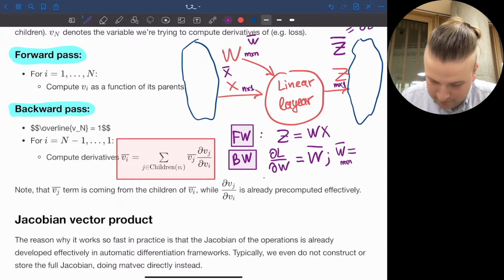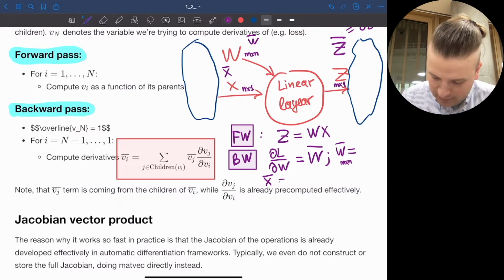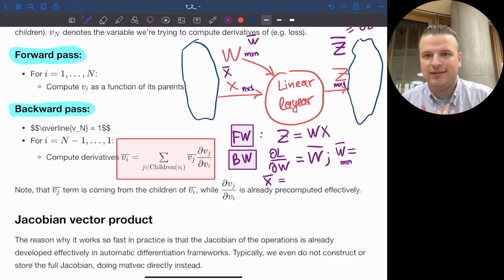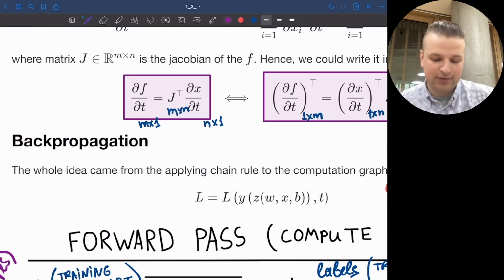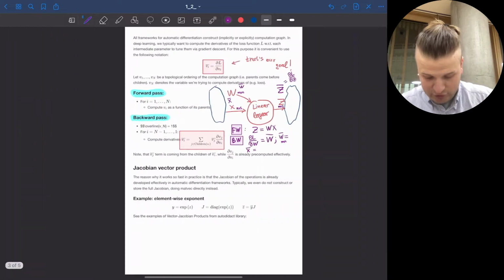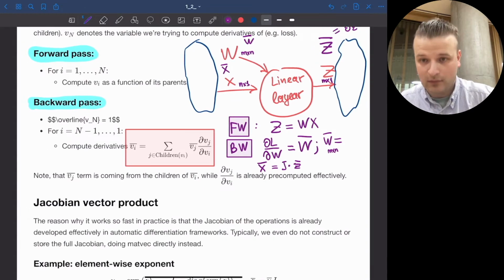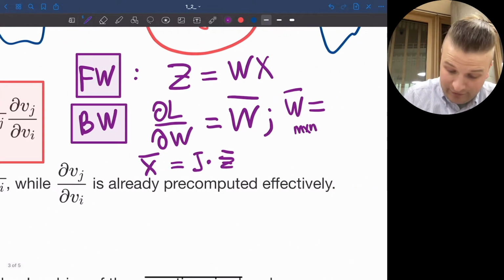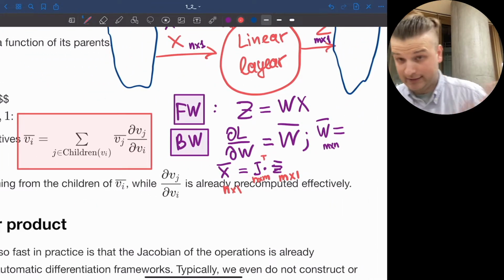So let me say again, x with the bar here should be calculated in a correct way, as it was in the Jacobian form here: Jacobian transposition multiplied by z bar. Let's verify it now. This should be n times 1, this should be m times 1, and this transposition here is n times m, which is great, which is correct, right?